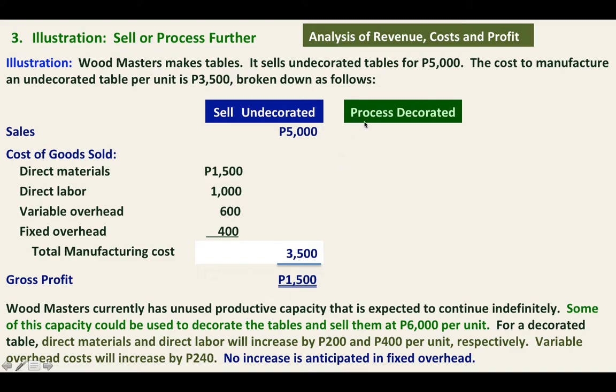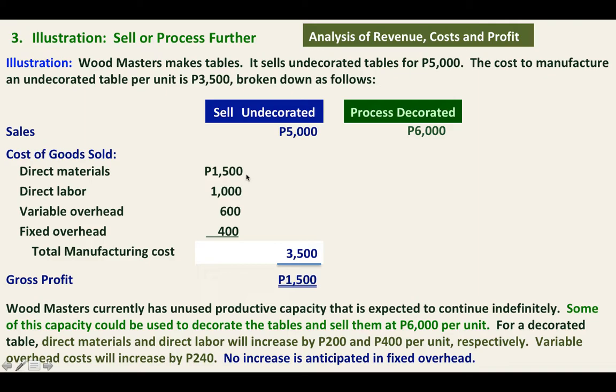So we have an option to decorate it and then sell the decorated table. So we will process it and then sell it after it is already decorated. Based on the information, we have 6,000 per unit. That will be the sales for decorated tables, 6,000 per unit. For a decorated table, direct materials and direct labor will increase by 200 and 400 per unit.